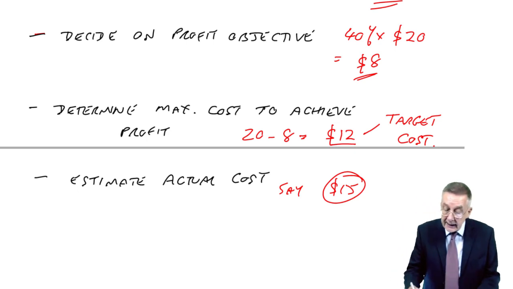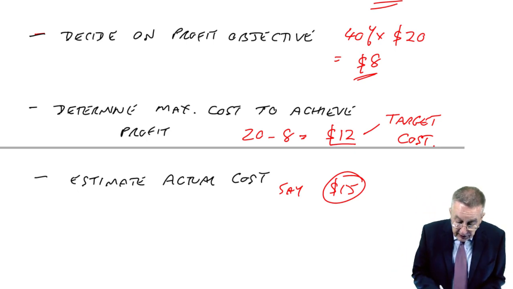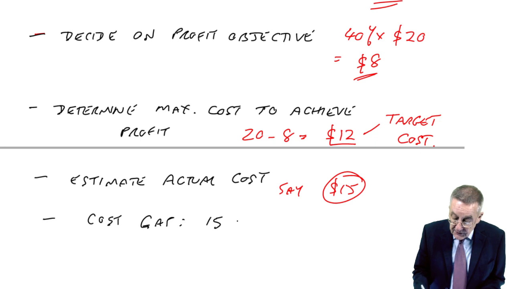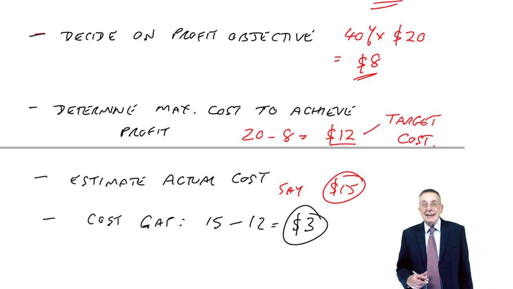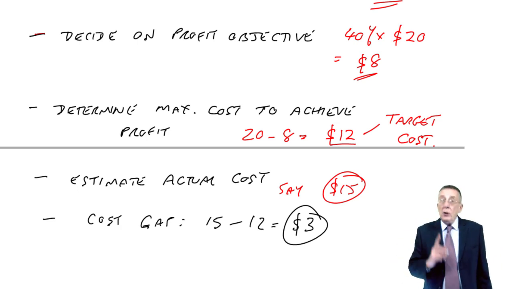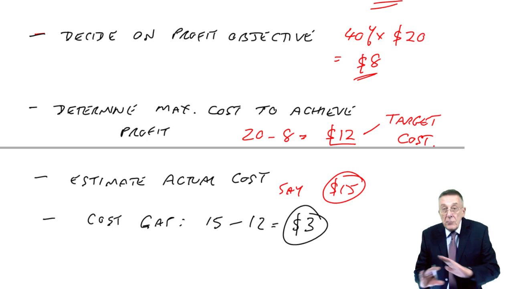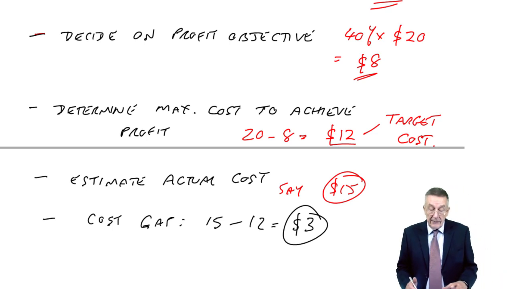It's costing more than it should have done. We say that we've got a cost gap. We think it'll cost 15, it should only cost 12, and so we've got a cost gap of $3. And then we look for ways of removing that cost gap.